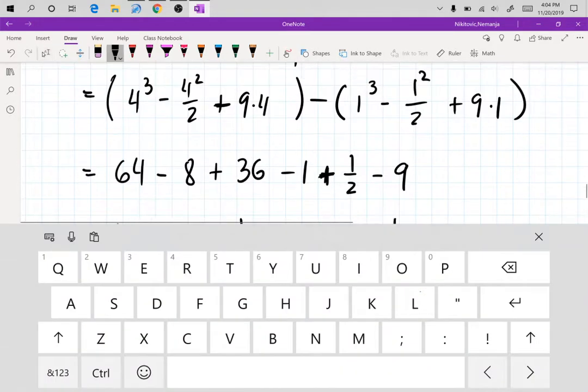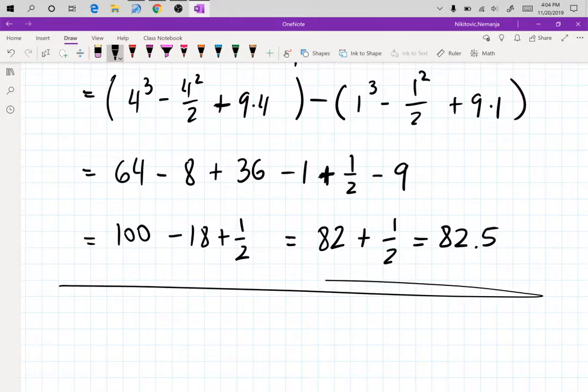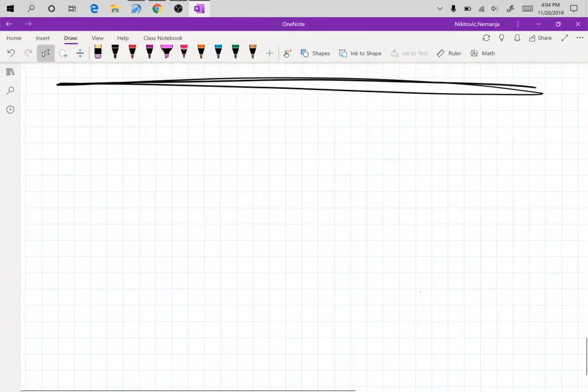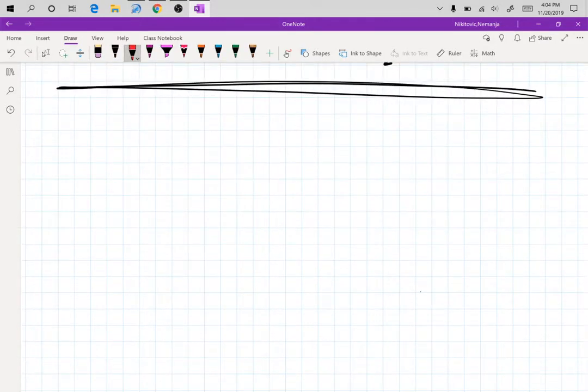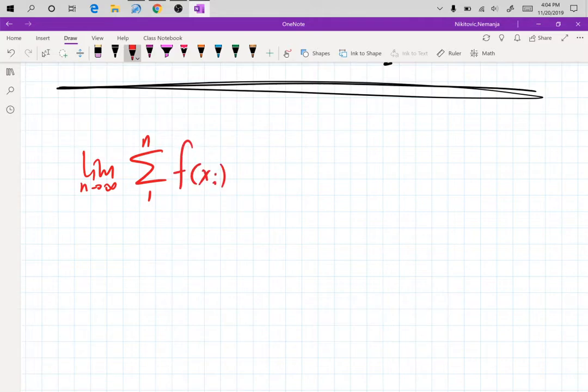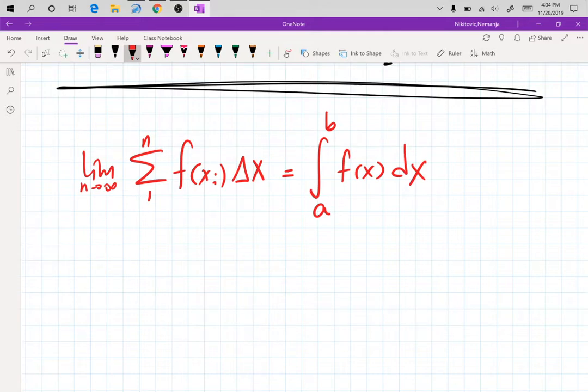So now, when I write the definition over here, well, it's not a definition, it's like a formula. We say that the limit as n goes to infinity of the summation from i equals 1 to n of f of xi delta x is actually equal to the integral from a to b of f of x dx.